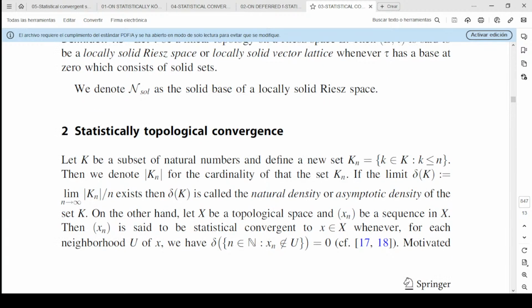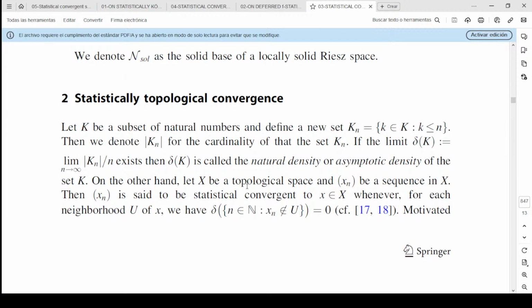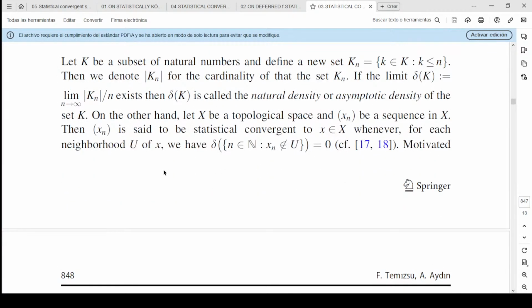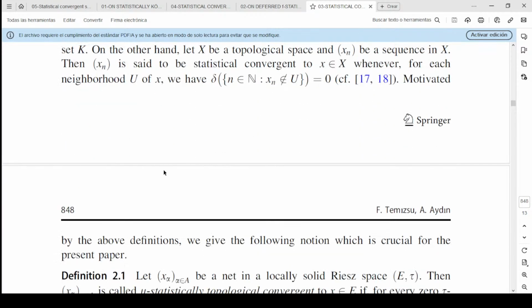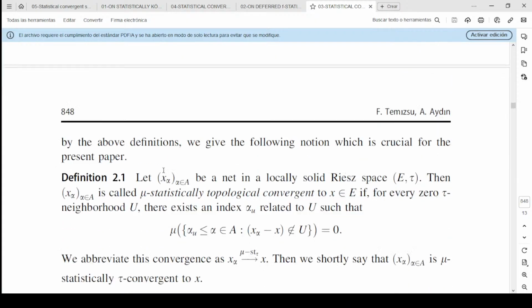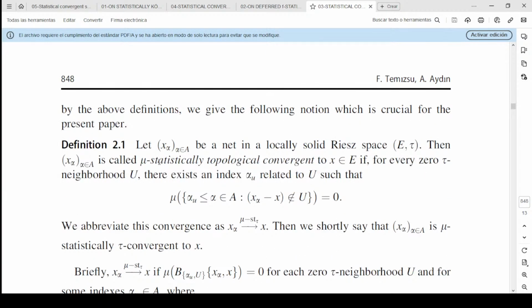So this is the original part of the paper here, statistically topological convergence. We take a net in a locally solid Riesz space. Here A is a directed set in the sense that we mentioned in the beginning, and we take alphas from this directed set.